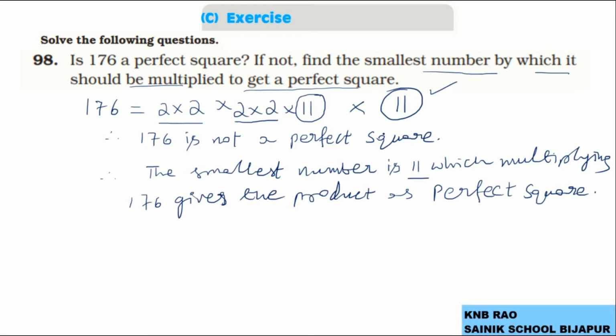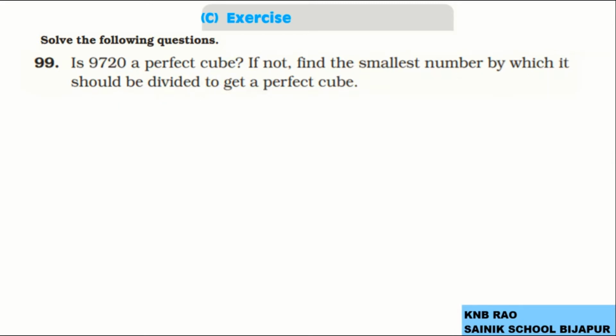Now coming to the next question, question number 99. Is 9720 a perfect cube? If not, find the smallest number by which it should be divided to get a perfect cube. So for this also we need to first go for prime factorizing 9720.